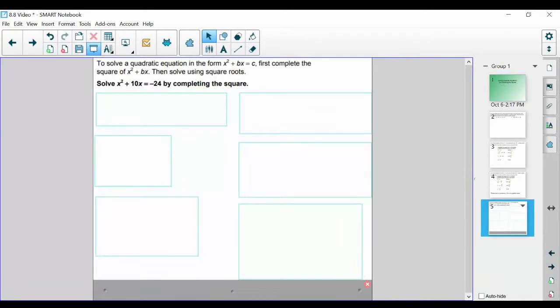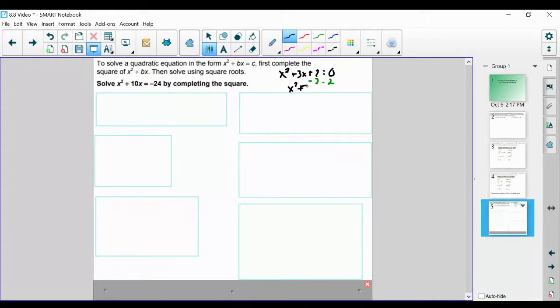If we're trying to complete the square, we have to move that 3 over. So again, for example, if we had x squared plus 3x plus 2 is equal to 0, we'd have to move the 2 over to the other side before we can use the completing the square process.